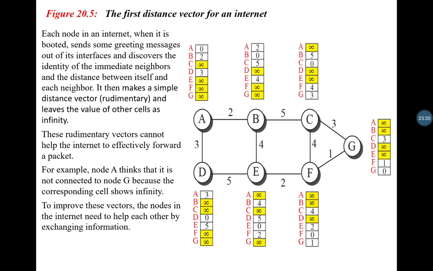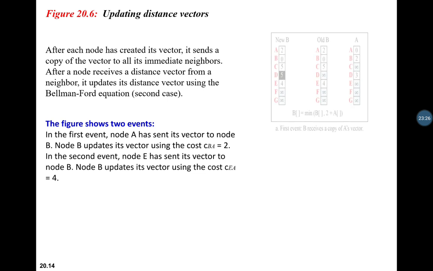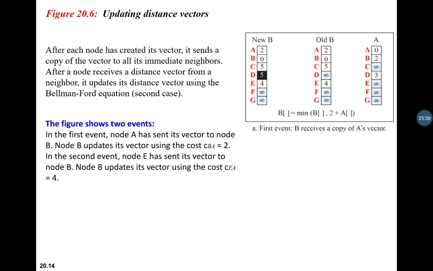So the new value from B to D will be 5. That is what will be updated. The new value is obtained by taking the old B, compared with 2 plus A; whichever is minimum becomes the new B.